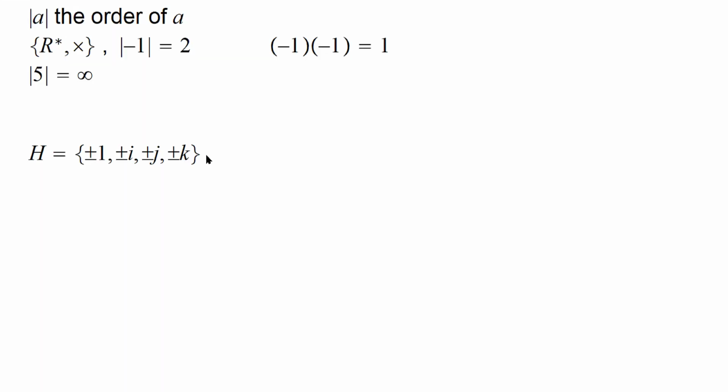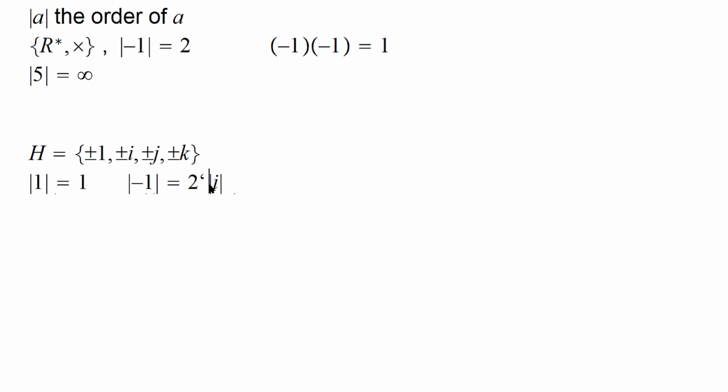As another example, let's take this group of quaternions, which is a group with quaternion multiplication. The order of 1, of course, is 1, and the order of -1 again, like the previous one, is 2.